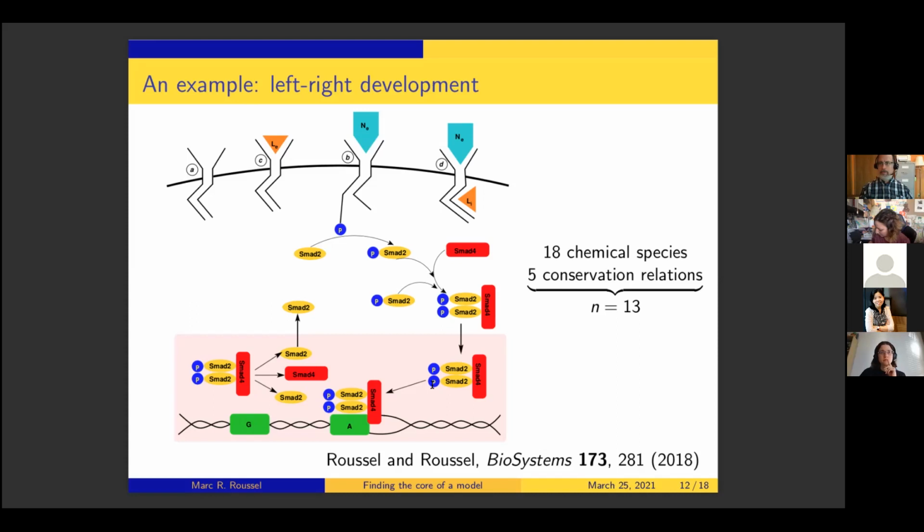So for those of you familiar with these things, that suggests maybe a Turing kind of mechanism, right? You have a self-activator and you have an inhibitor that's activated by the same activator. It looks an awful lot like a Turing system.